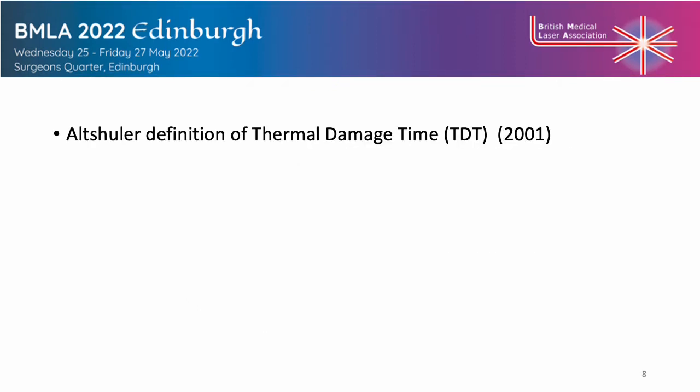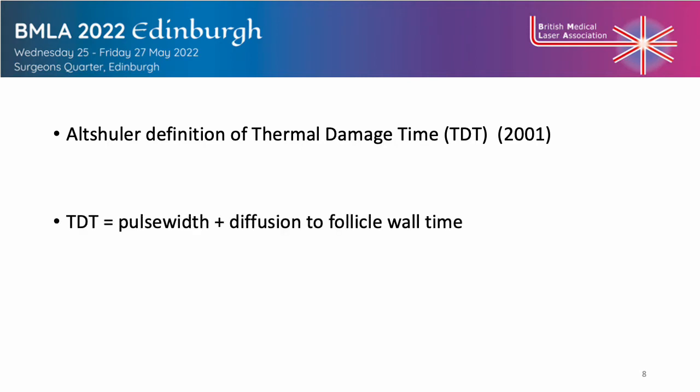In 2001, Altshuler added a new definition of thermal damage time. They decided that we should consider the pulse width plus the time it takes for the heat to transfer to the follicle wall. The follicle wall is where the germ cells or the stem cells live, and these are the cells that we must destroy if we are to kill the follicle and prevent new growth.